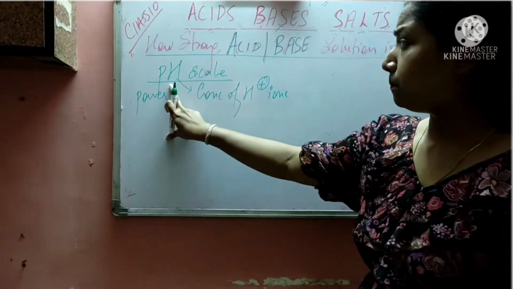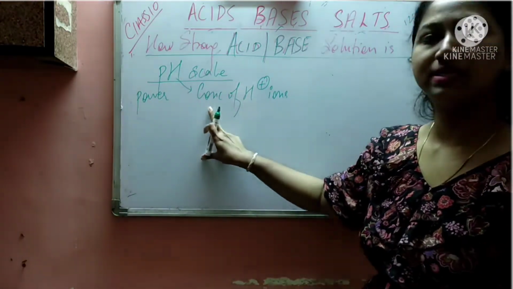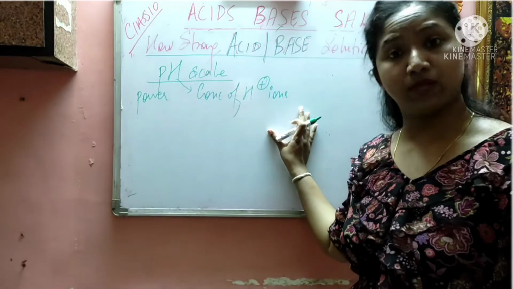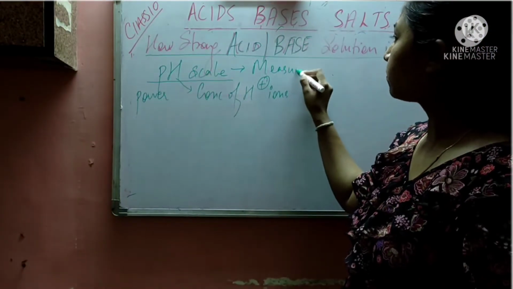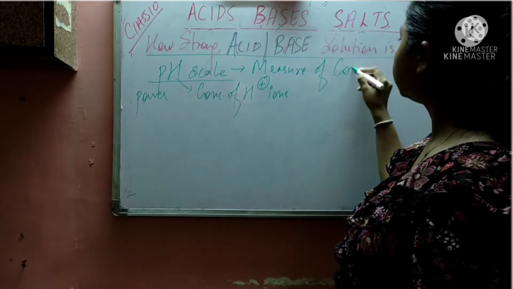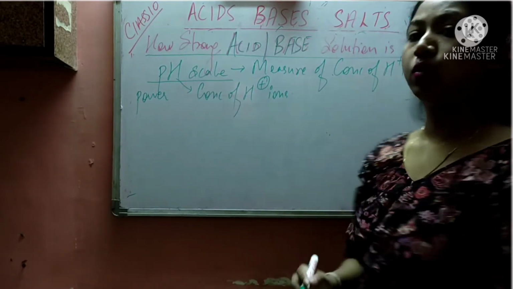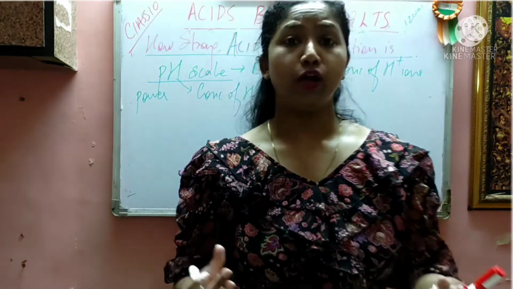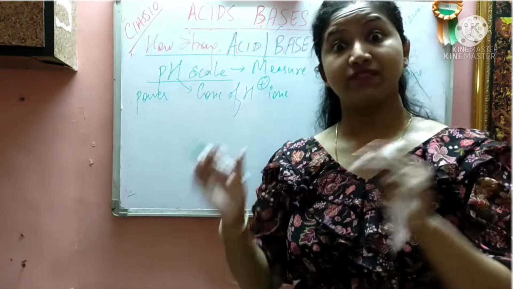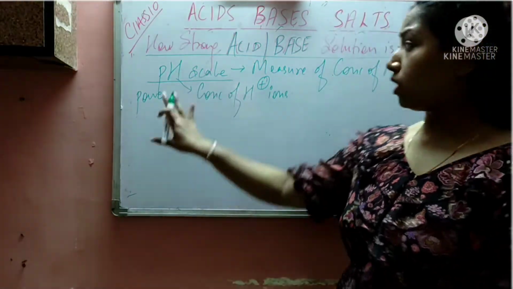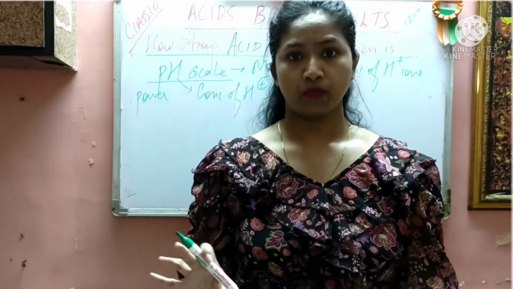So the pH scale, where P stands for power and H stands for the concentration of H plus ions, is a measure of the concentration of H plus ions.